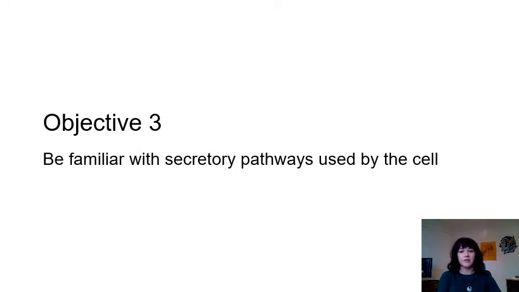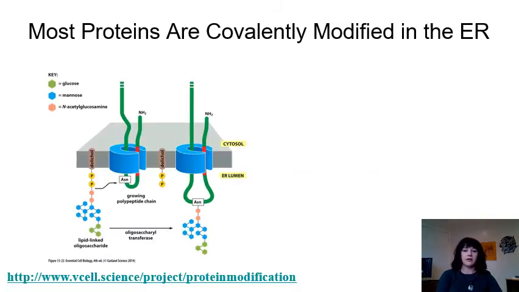So let's talk about Objective 3, the secretory pathways used by the cell. We've talked about these a little bit so far. We've talked about how vesicles are used in the secretory pathway. So we know that proteins that are going to be secreted by the cell are made by ribosomes on the surface of the endoplasmic reticulum.